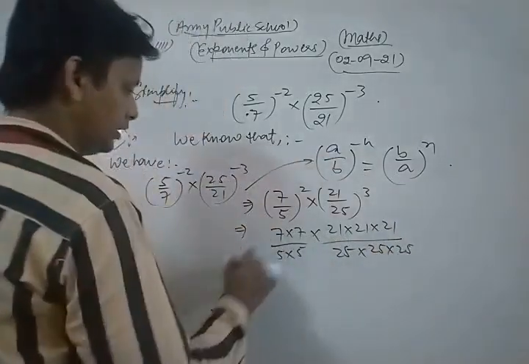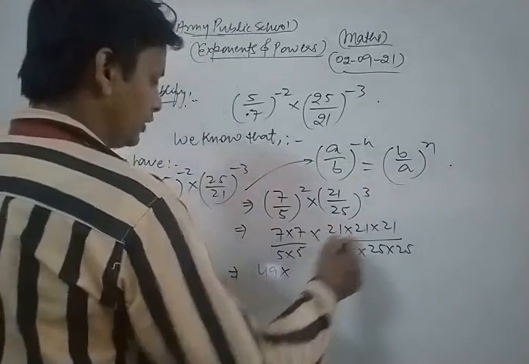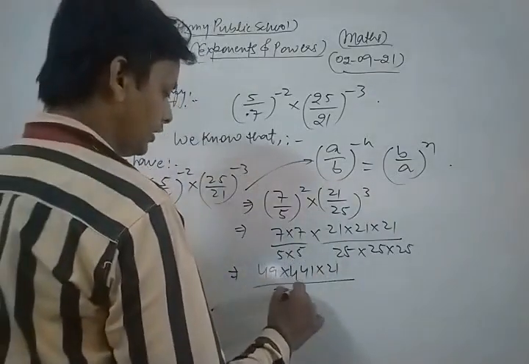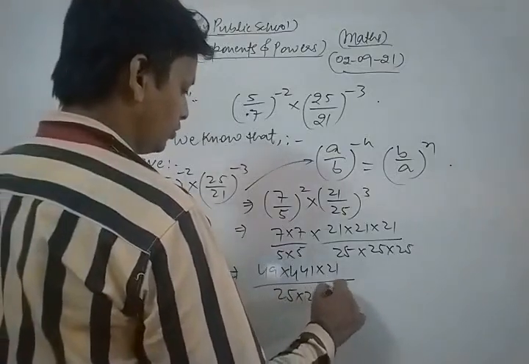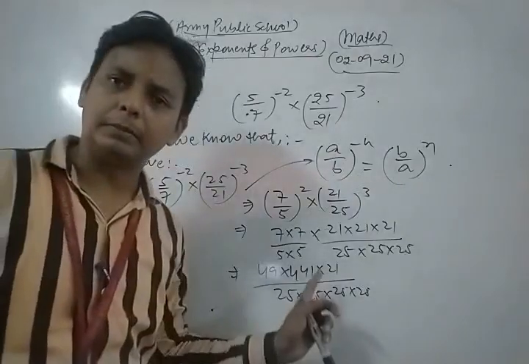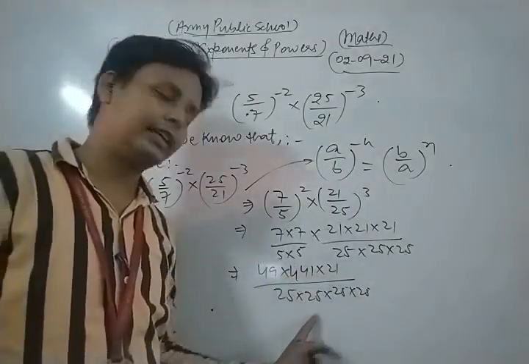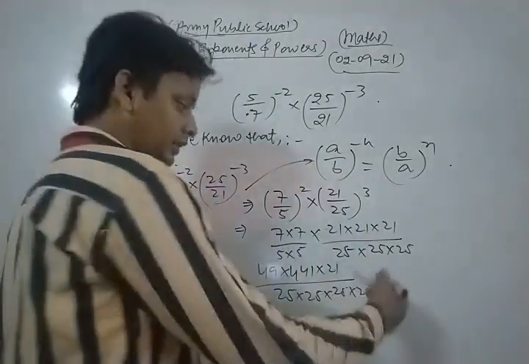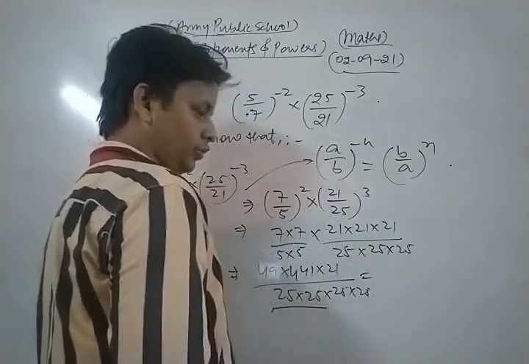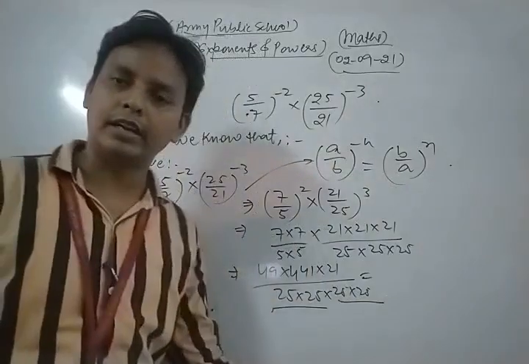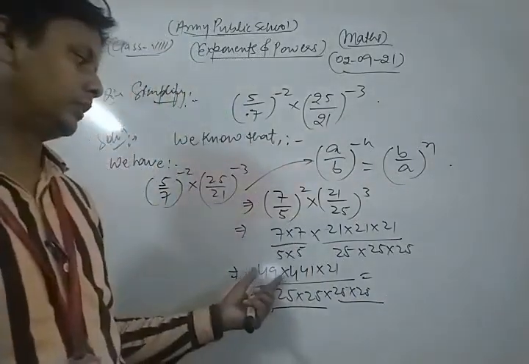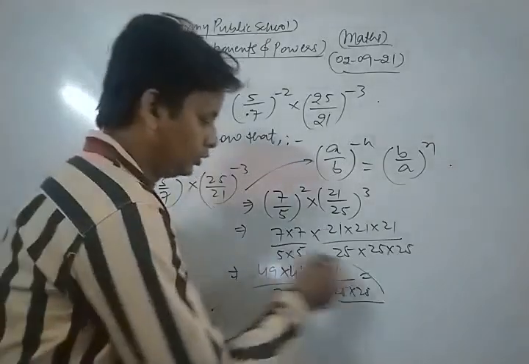So we have 7 times 7 is 49, and 21 times 21 is 441, into 21, divided by 5 times 5 is 25, into 25 into 25 into 25. We multiply both the numerator and the denominator to get our result. 25 times 25 is 625, and this is also 625, so you get 625 in the denominator, and in the numerator we multiply them. In this way you get your result.